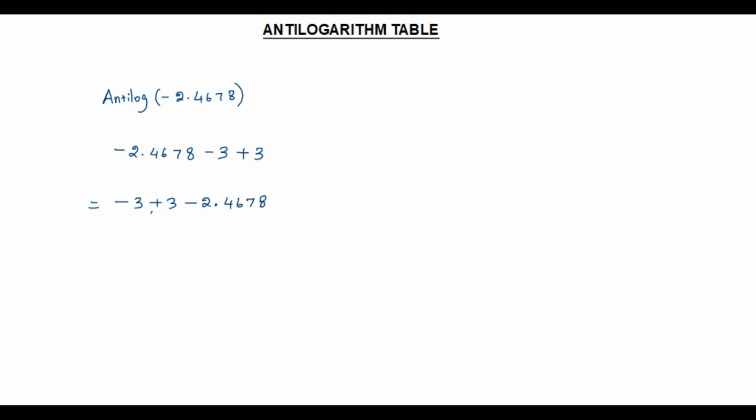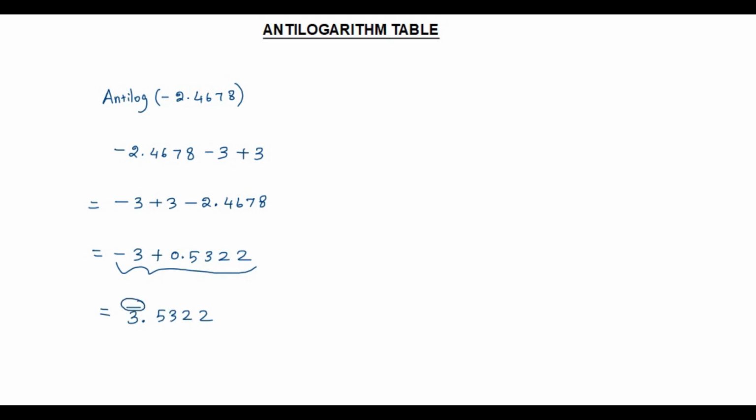2.4678. Now I have to simplify this plus 3 and minus 2.4678. So the simplification of plus 3 and minus 2.4678 is plus 0.5322. Okay, now we have to write minus 3 and plus 0.5322 together. How? Bar 3.5322.